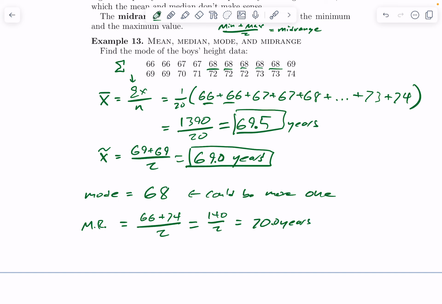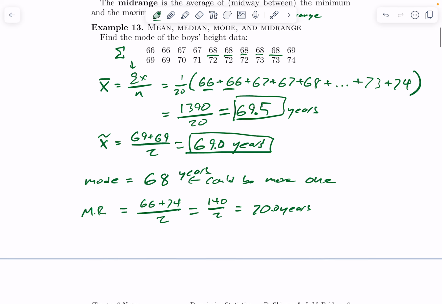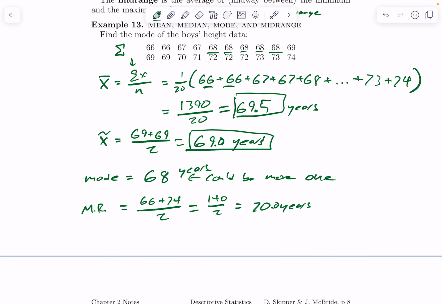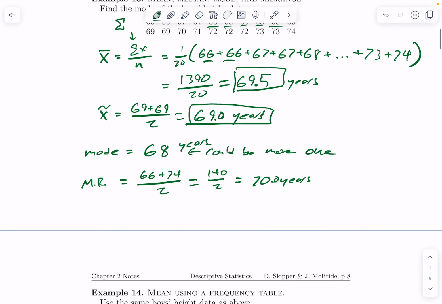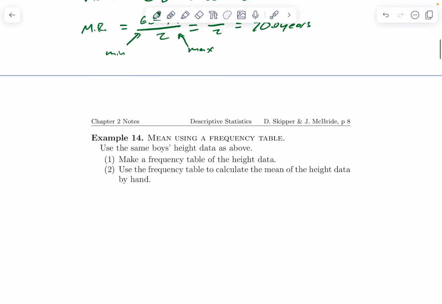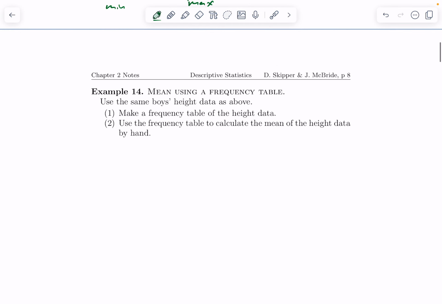And again, I could put 70.0, but that is not necessary. But this is still years. Okay, so there's the example. Remember, this one here is min, this one here is max. That's the mid-range.